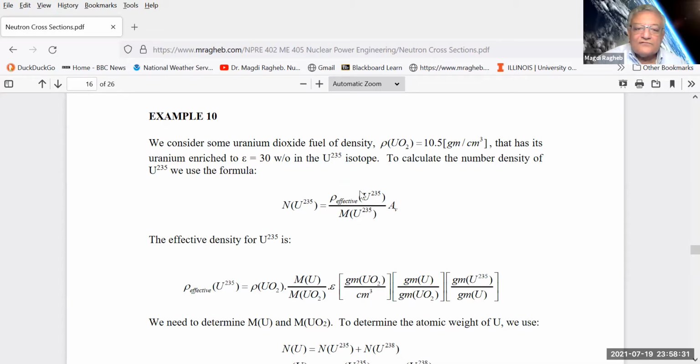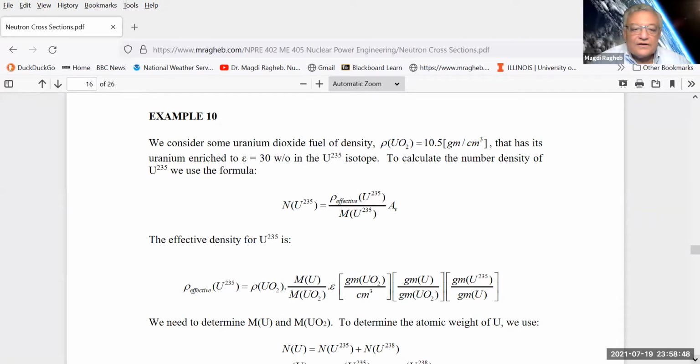How to calculate that effective density? You take the density of the uranium dioxide, UO2, multiply by the mass fraction of uranium in uranium dioxide, multiply it by the enrichment here, which is 30%.